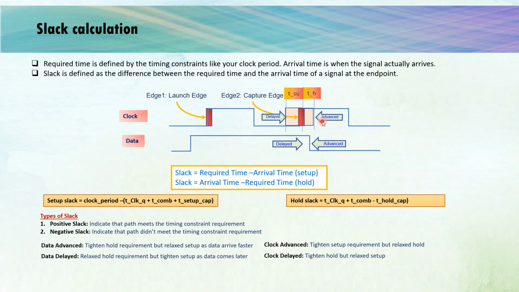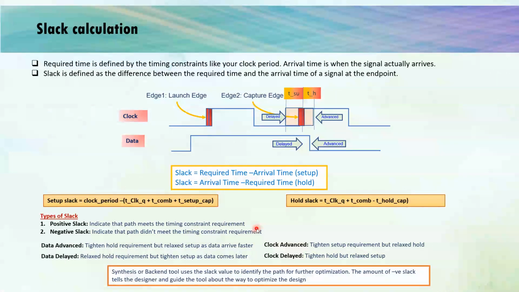So we can say that the synthesis of the backend tool uses this slack value to identify the paths for further optimization. Whatever the STA tool divides the whole design into various paths, in the first iteration it finds which paths have positive slacks and which have negative slacks.